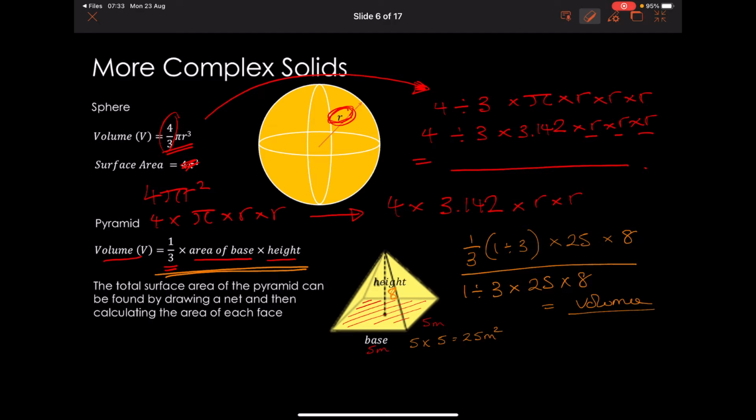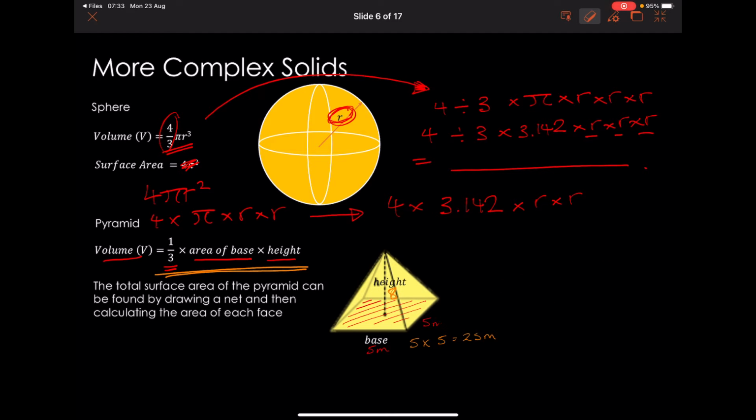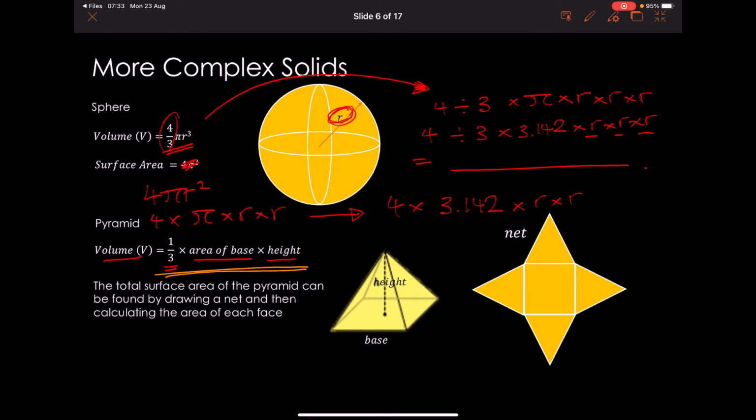All right, so the only other thing is working out the surface area of a pyramid, because you'd have to draw the net, or at least try and understand how many sides there are. So this base here is this, and because it's a square base pyramid, it will have 4 triangles, okay? So if this length was 5 by 5, then we know that this would be 25 meters squared.